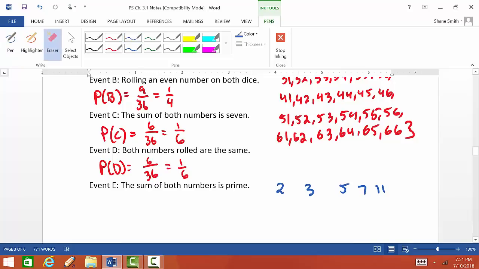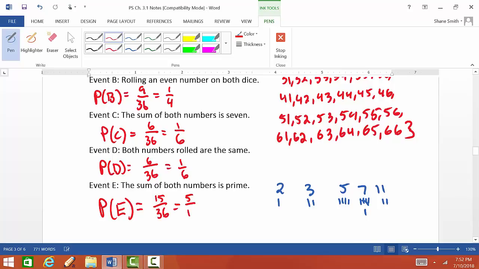And if you count through all the possibilities, there's only one way to get a 2, right? 2 ones. There's 2 ways to get 3. There's 4 ways to get 4. There's 6 ways to get a 7, and there's 2 ways to get an 11. And if you add all those up, that's 15 ways, so the probability of rolling a prime sum is 15 over 36, which simplifies to 5/12.